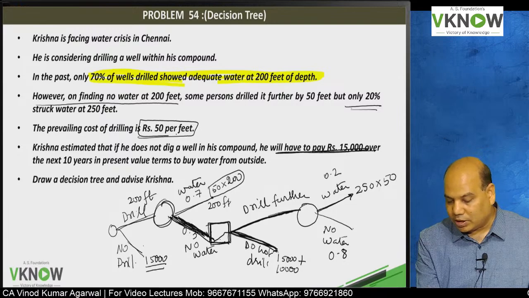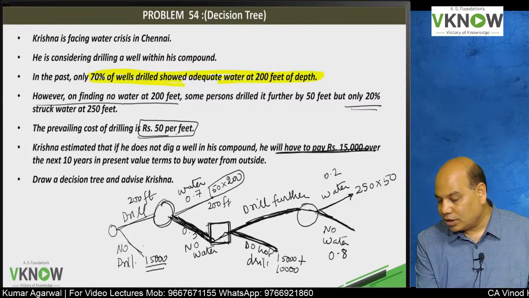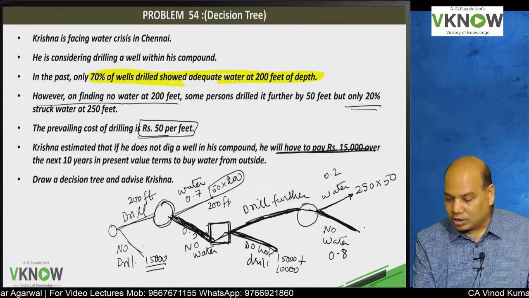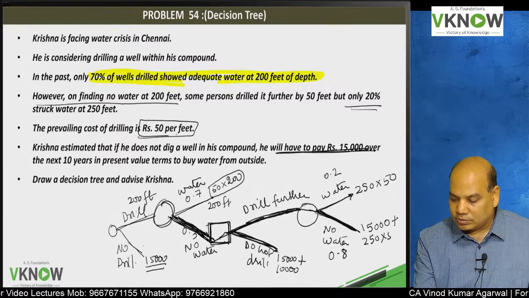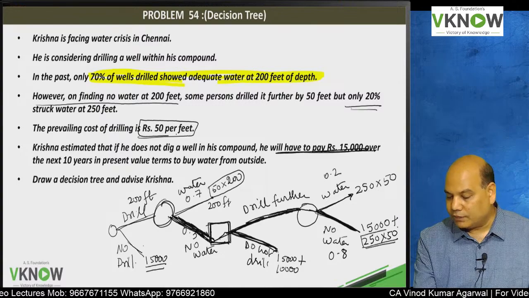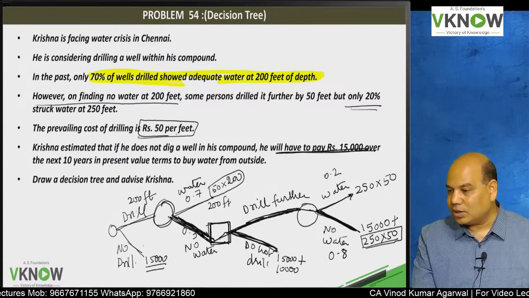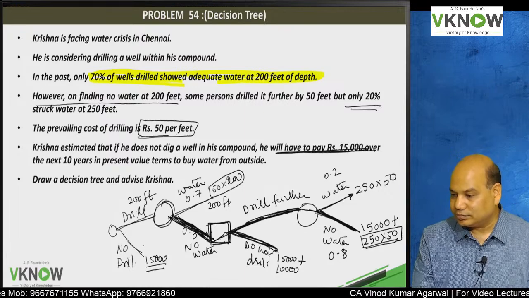And my bad luck, I don't get water, I drill further and still I don't get water. I have to purchase water from the market for 15,000 and I have incurred 50 rupees per feet on drilling. So these are my costs at different levels.